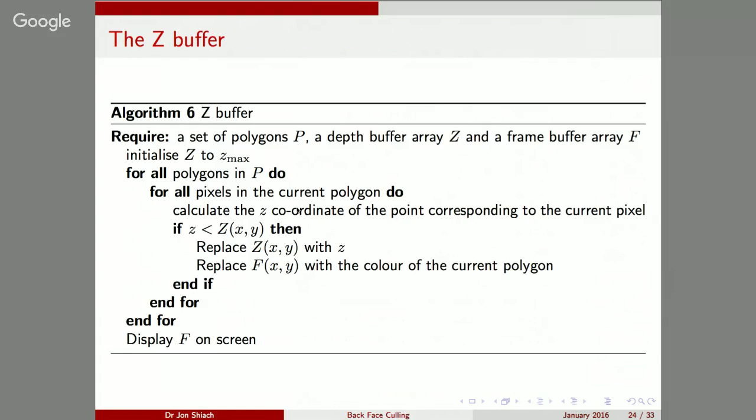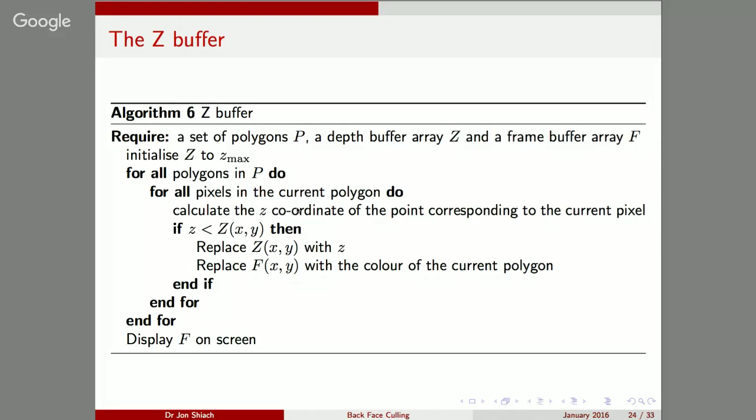So if you found a closer surface than the one currently stored, you replace the Z buffer with that value, and you replace the frame buffer at the same pixel with the color of that polygon. You keep going, and you may find a closer one. Once you've done all your polygons, your frame buffer is essentially what your screen will look like. All the color information for the pixels will be in that frame buffer, and that's what you show on the screen.